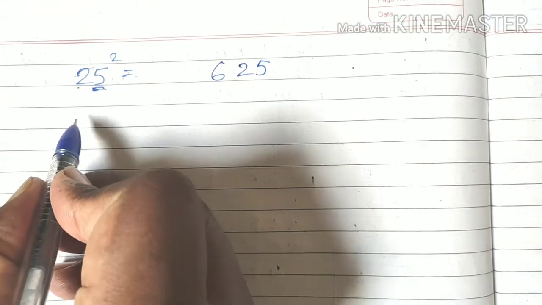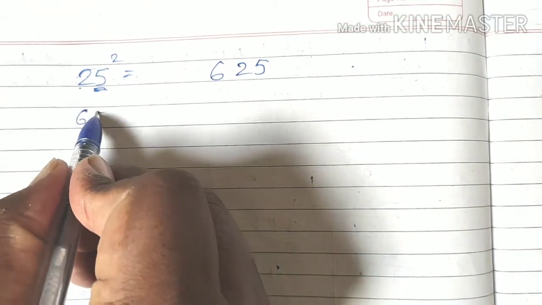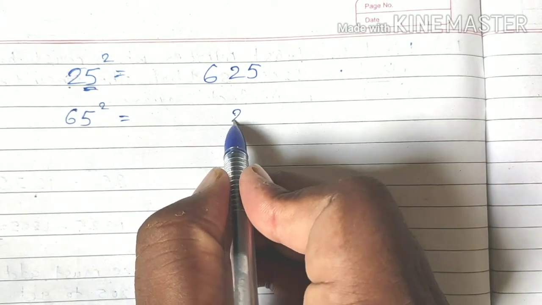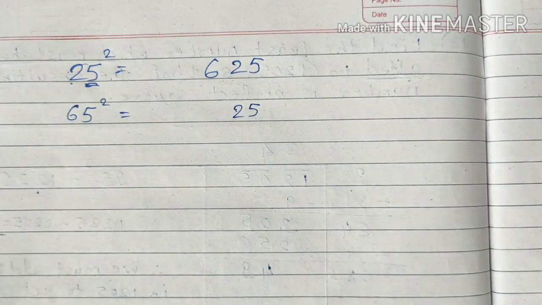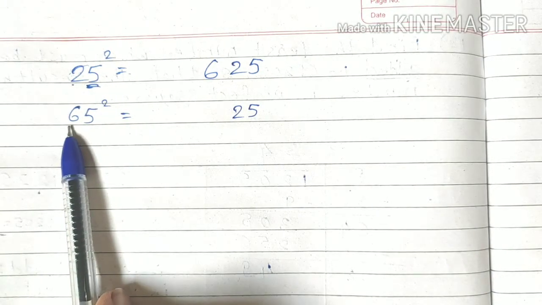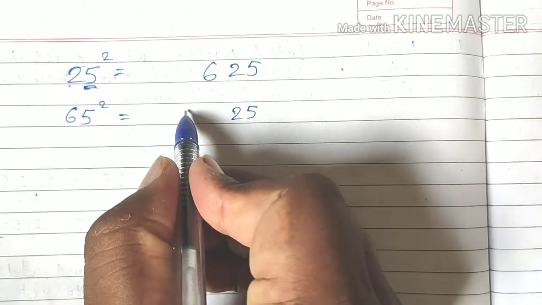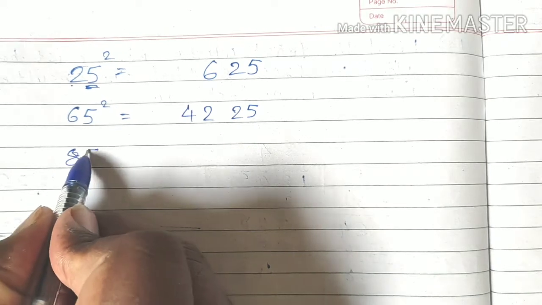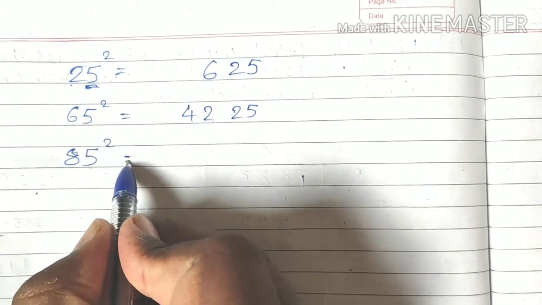Similarly, if we want to find the square of 65, the unit place is 5, write 25 here. 6, the next number after 6 is 7. 6 sevens are 42, that we should write. If we want to find the square of 85, then how can we write?